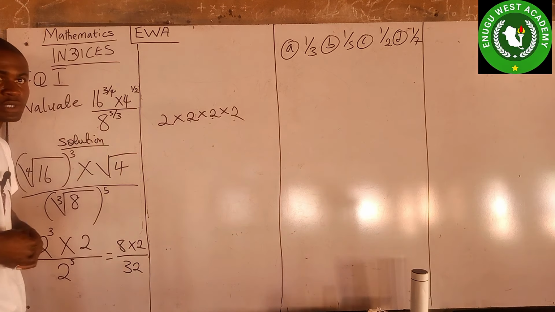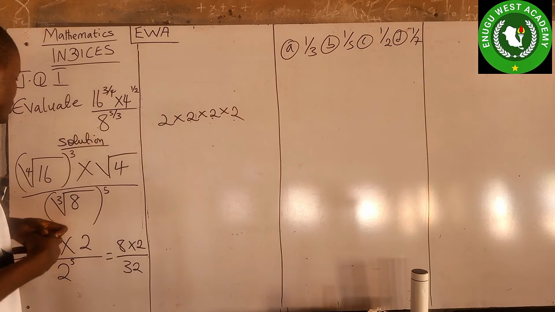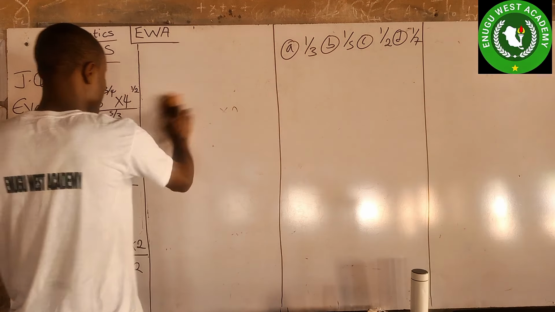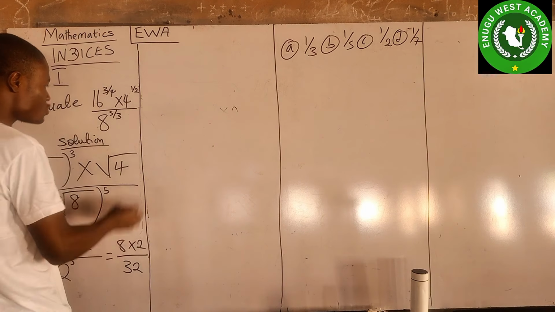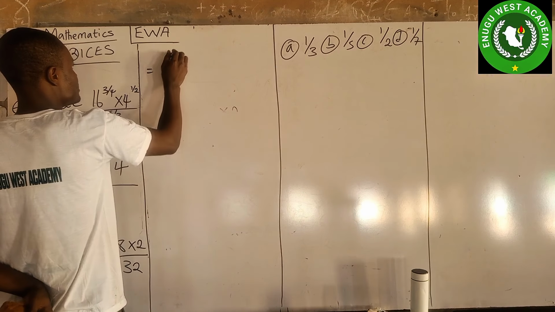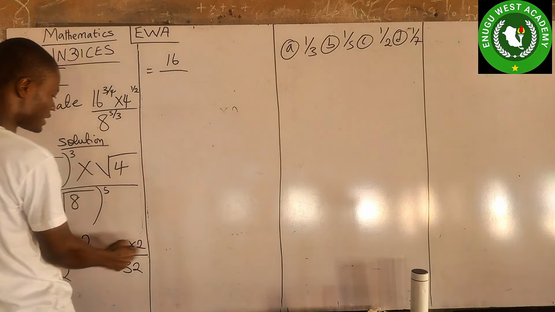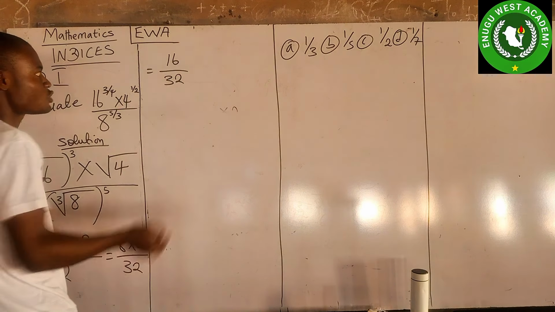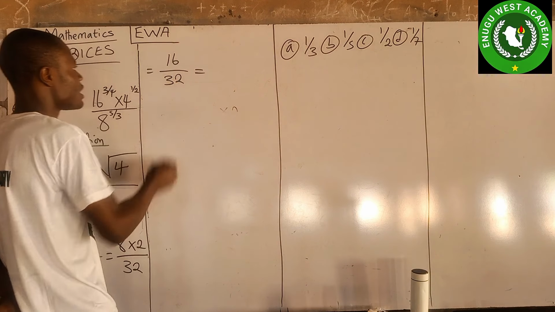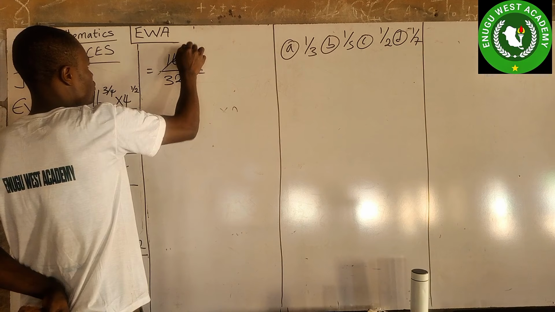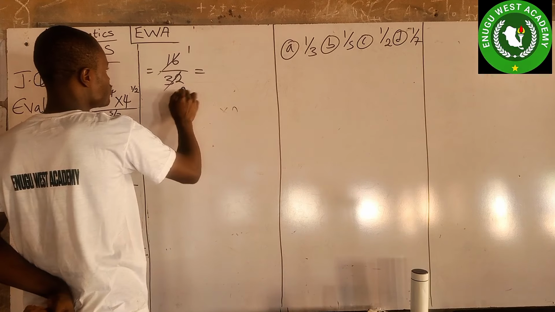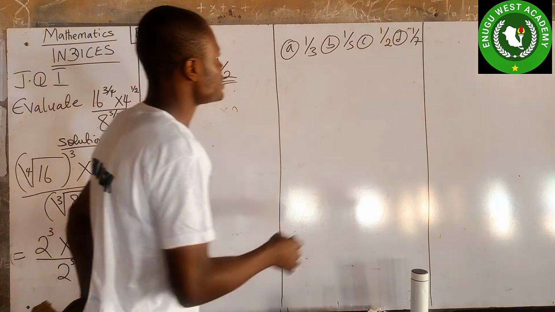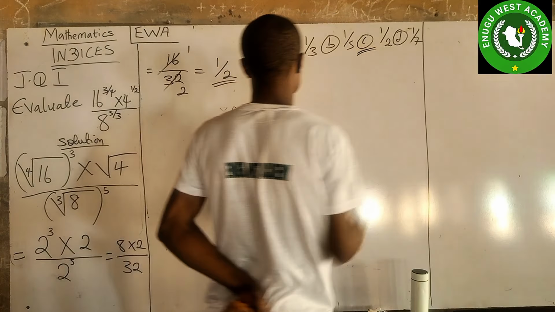If you say 2 times 2 times 2 times 2 times 2, it will give you 32. So 8 times 2 is 16, over 32. Looking at this, if 16 cancels itself, we have 1, and going to 32, we have 2. So our answer is 1 over 2. And that is option C.